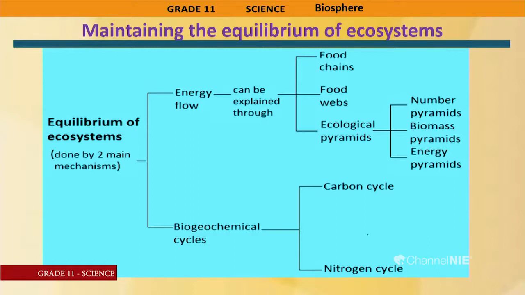And to explain cycling of materials, as I told you, we use biogeochemical cycles. Actually, there are many biogeochemical cycles. Any element used by an organism is subject to cycling.